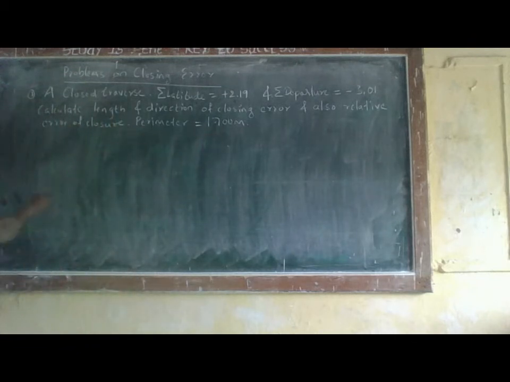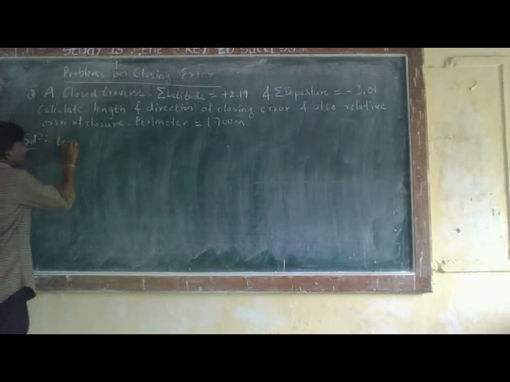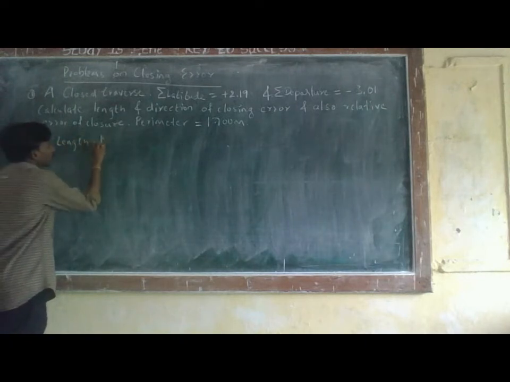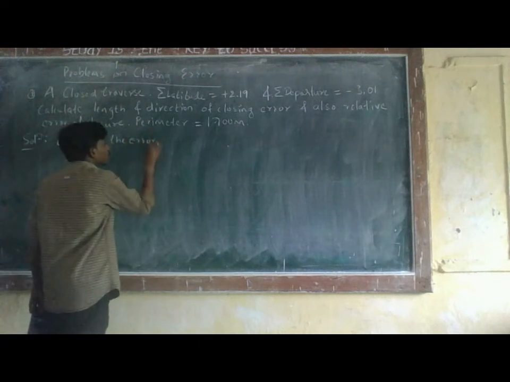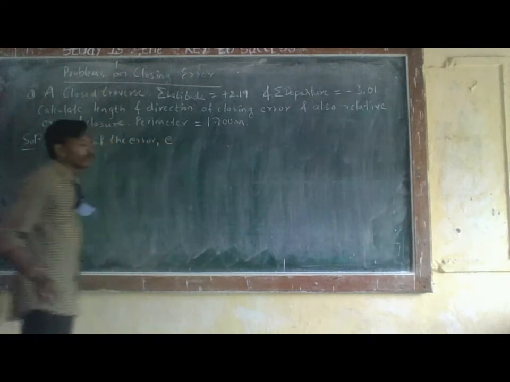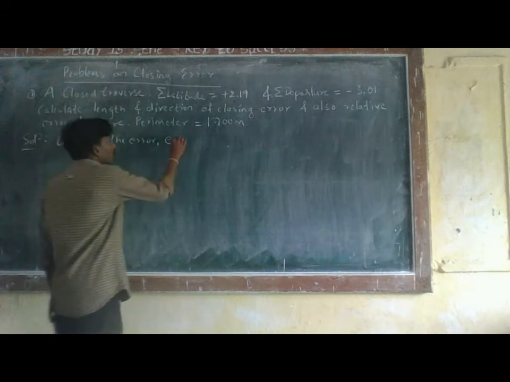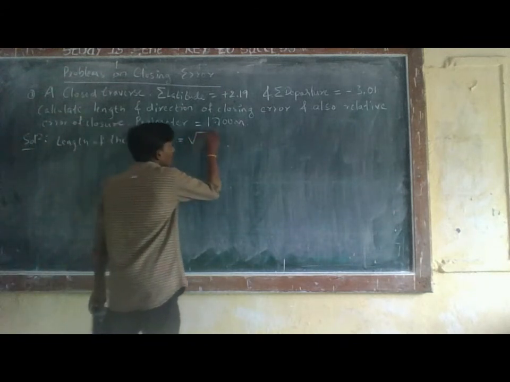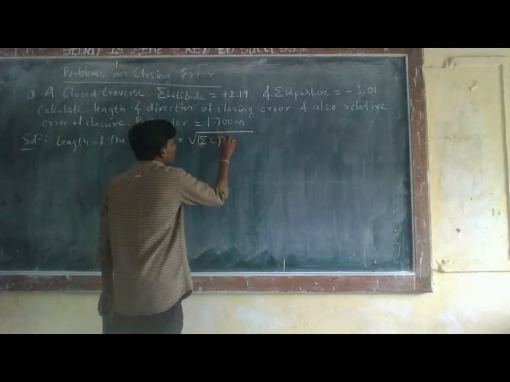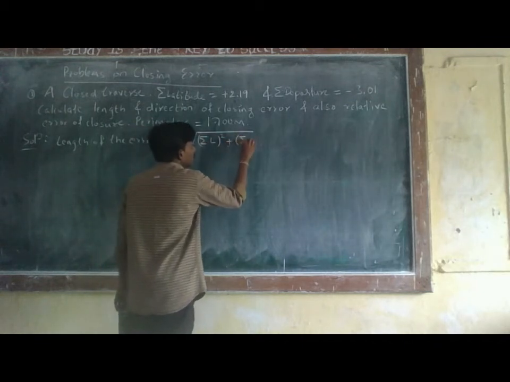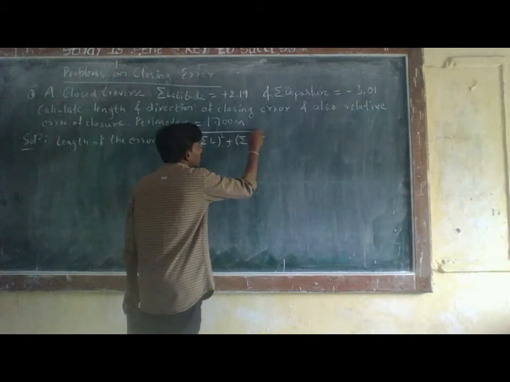Now in the solution, the first one is the length of the error, which is denoted by small e. That is equal to square root of summation of latitude square plus summation of departure whole square.